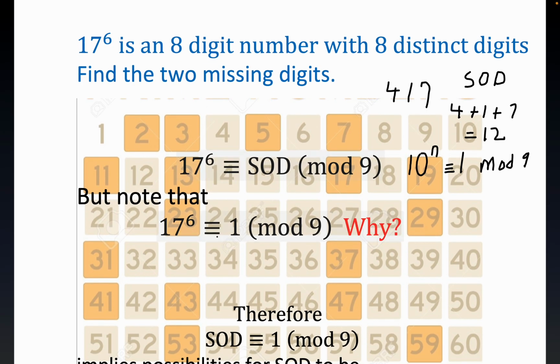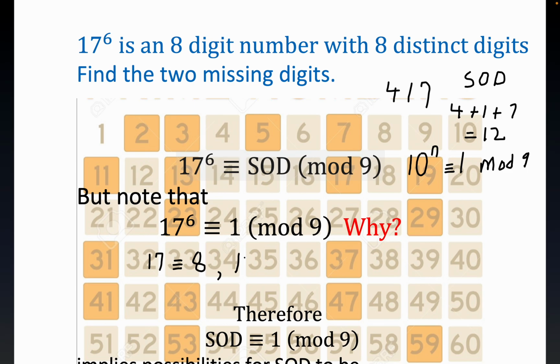Now, this isn't so clear right here. 17 to the 6th is congruent to 1 mod 9. Well, it follows from the fact that 17 itself is congruent to 8. Now, y'all, we are assuming mod 9 here. I won't write that down. But 17 is congruent to 8 because 17 minus 8 is 9, and 9 is divisible by 9. This means that you can treat congruences just like equalities in many regards.